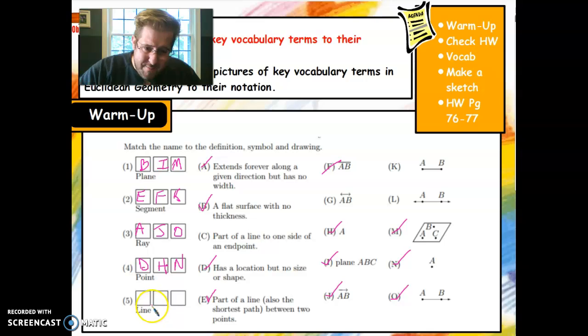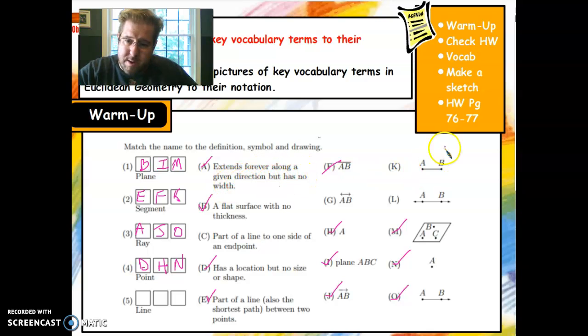And then the last one we have is a line. So a line says part of a line to one side of an endpoint. Oh, that's a ray. Which one did I just choose? I chose A. Extends forever along a given direction but has no thickness. Okay, so let's switch that up.